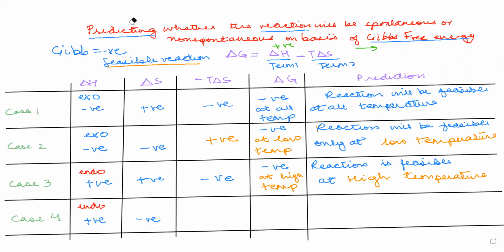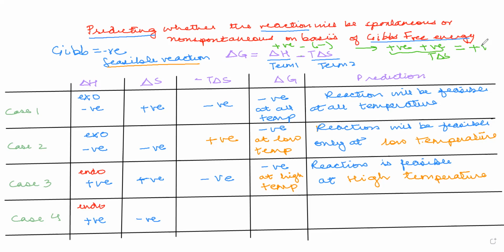Okay, so if you have here, this is a positive value, or this is going to be a negative value. So this is going to give you a positive value from the first term, and here negative negative is going to become a positive value for T delta S, right? So when you will be summing all of this, delta Gibbs value is going to be a positive value.